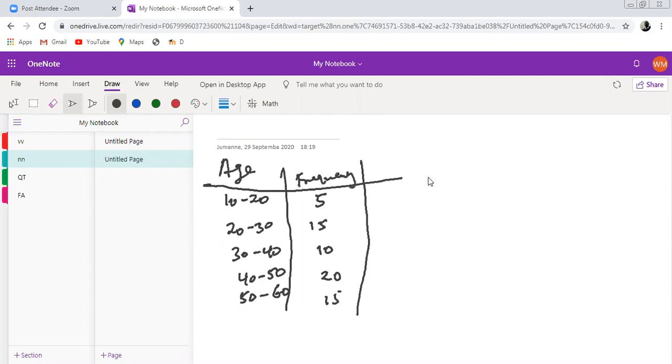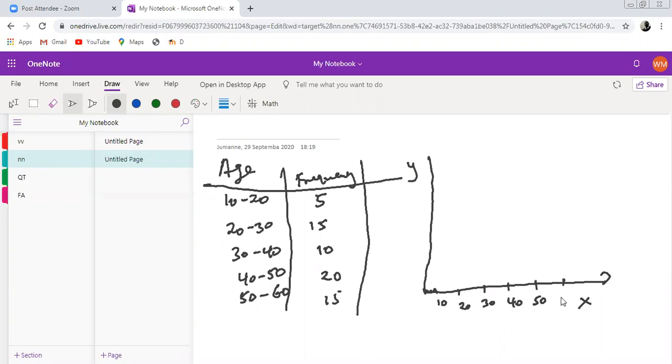So what you need to do is to come here, have the X and the Y axis. On the y-axis, you are going to have the frequency, the number of times these are appearing. So here we can break this one and we start with 10, 20, up to 60, because we have got between 10 up to 60.